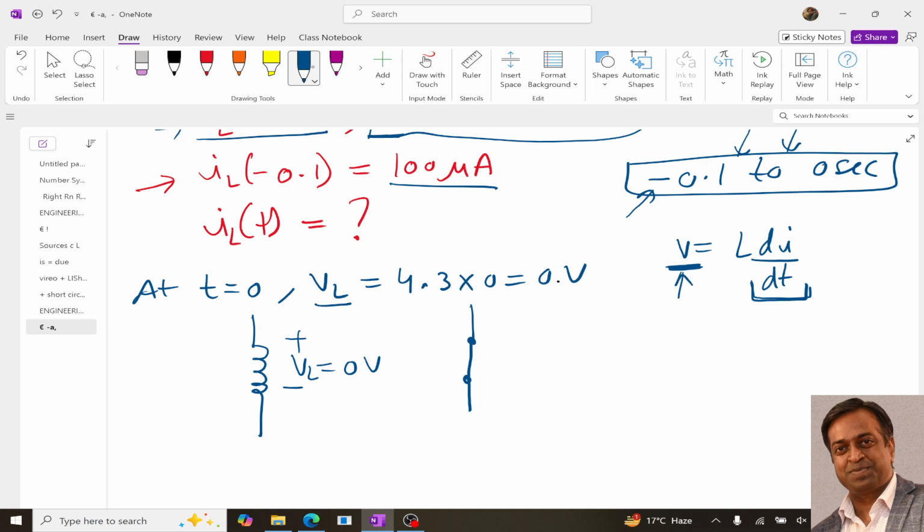So if the voltage is 0 at t equals 0, it means that the current through the inductor has not changed.